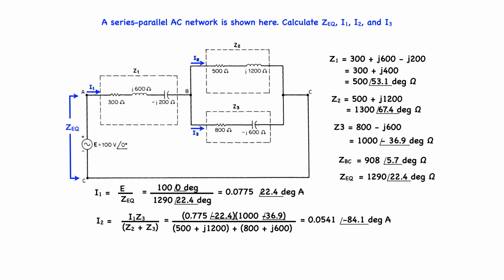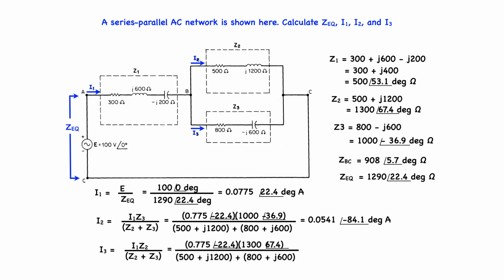For I3, we again use the current divider rule. I3 is equal to I1 times Z2 all over the quantity Z2 plus Z3, which equals 0.0775 at minus 22.4 degrees times 1300 at 67.4 degrees all over the quantity 500 plus j1200 plus 800 minus j600.